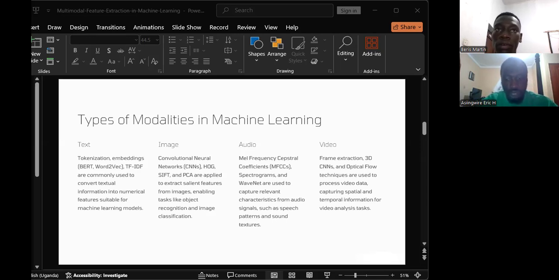When we move on to audio, we have something called MFCC. Just like how we humans analyze audio, we pick up the sound waves, and according to their frequency, we understand which words have been said according to how they resonate.